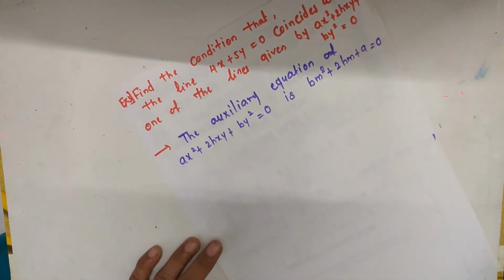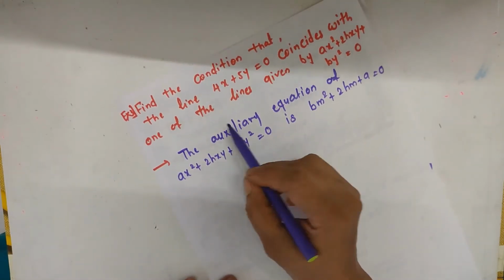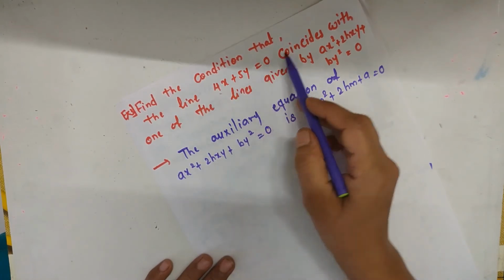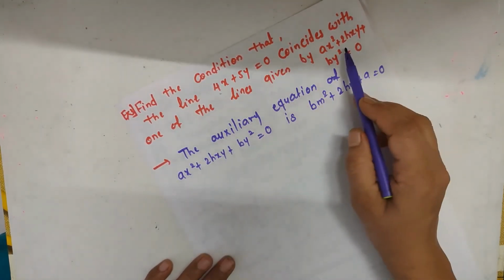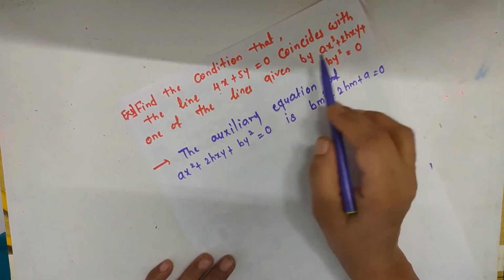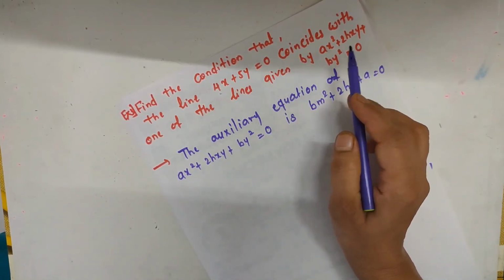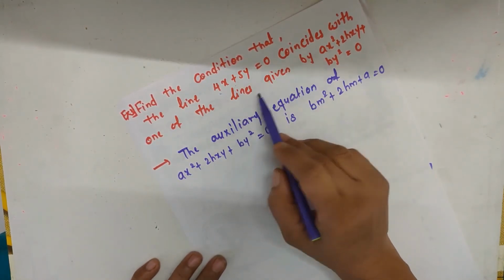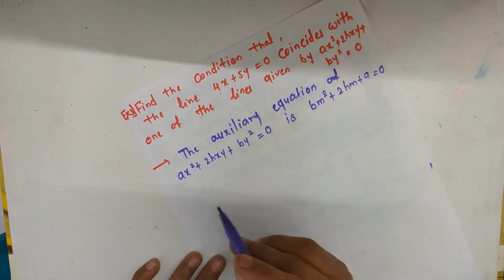The condition is that 4x plus 5y is equal to 0 coincides with one of the lines represented by this equation. So the slope of this line is equal to the slope of one of the lines given by the homogeneous equation.